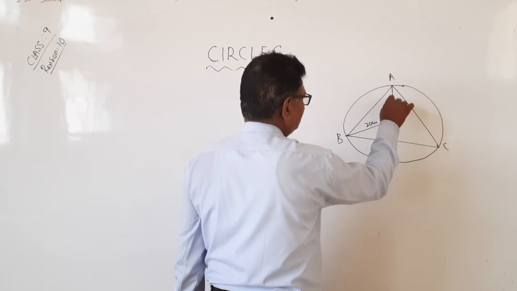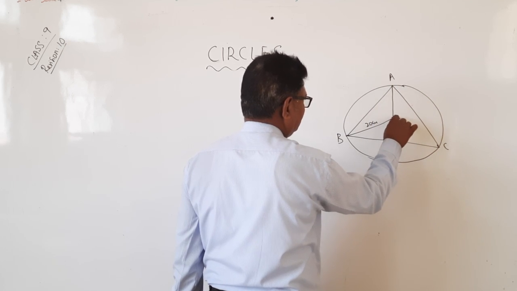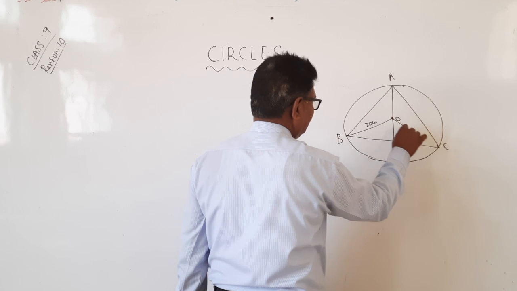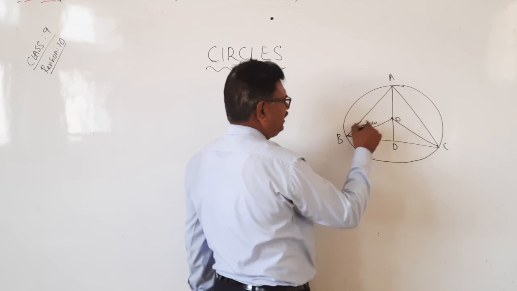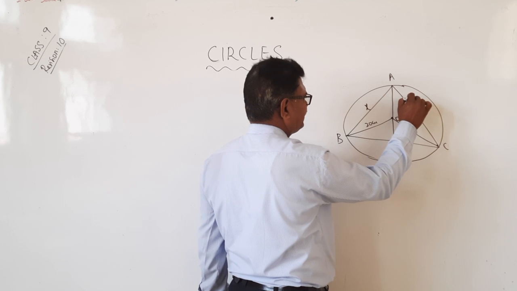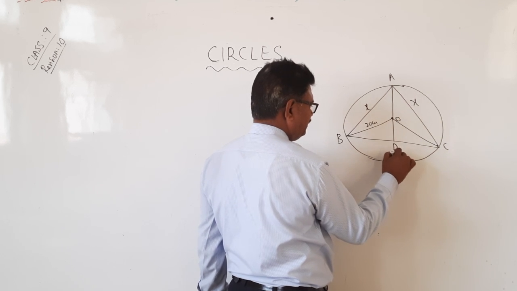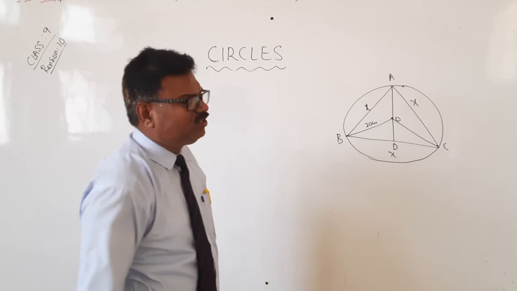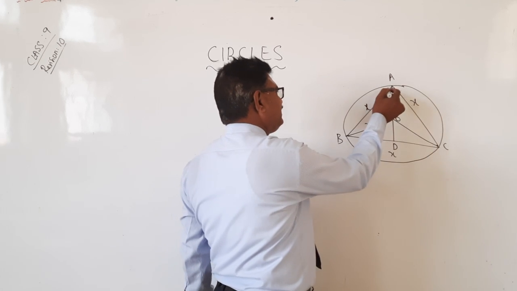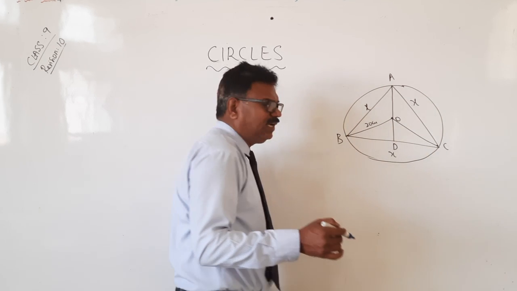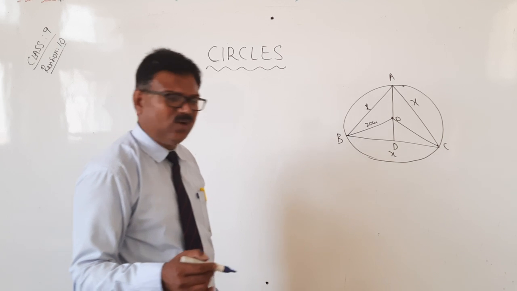Okay? This is O and this is B, like this. Equal distance means this is also x, this is also x, and this is also x. So we should find out the sides of the equilateral triangle, the distance between them. We have to find out.